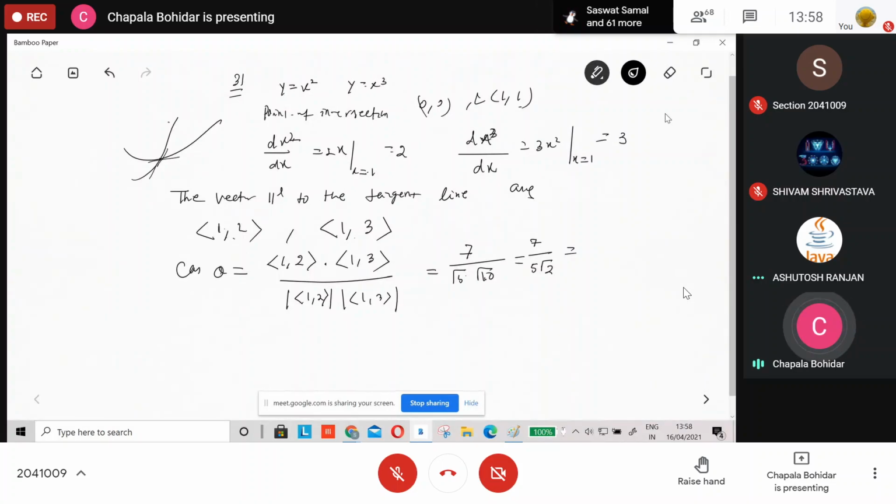0.9859. You are finding cos theta; my aim is to find the value of theta, which is cos inverse of 7 by 5 root 2.